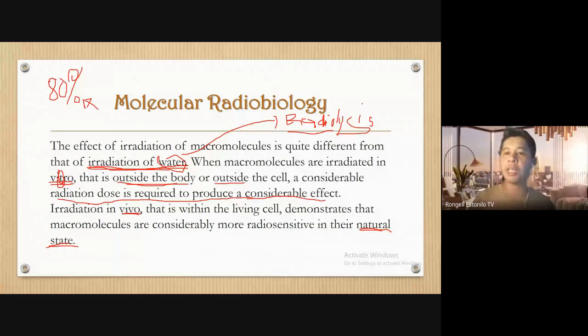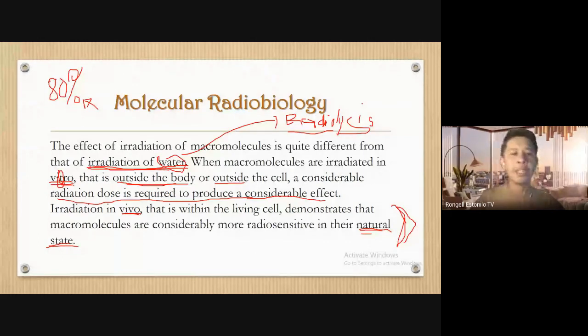Kaya if you are conducting research on this, sasabihin mong radiosensitive versus radioresistant. Kasi this is the concept. Mas magre-respond talaga ang cell or tissue if this is inside the human body, and kailangan natin ng threshold dose pag outside the human body. Okay, I hope you can take note of that.